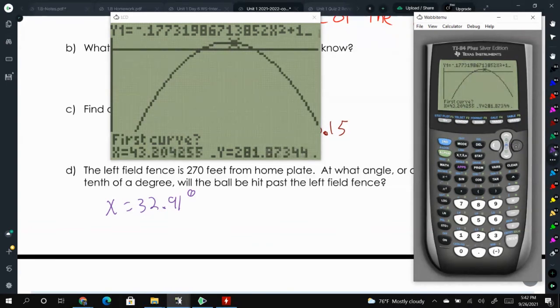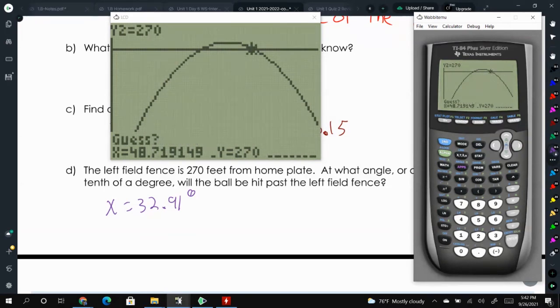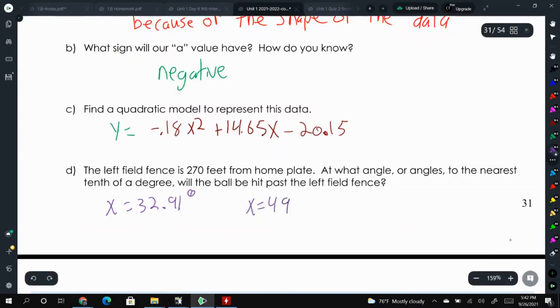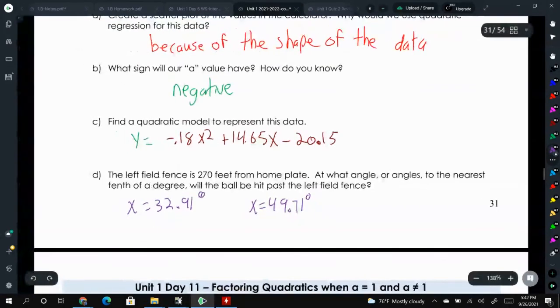So I'm hoping that you are seeing that what we're doing today is not computationally difficult. 49.71. We didn't learn new math. We learned how to use some new tools.